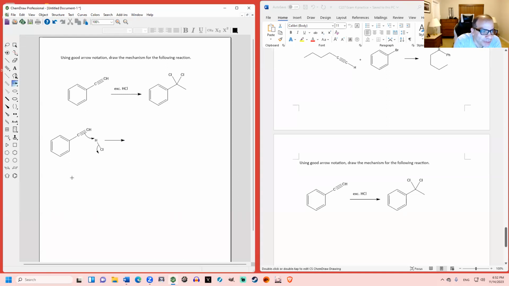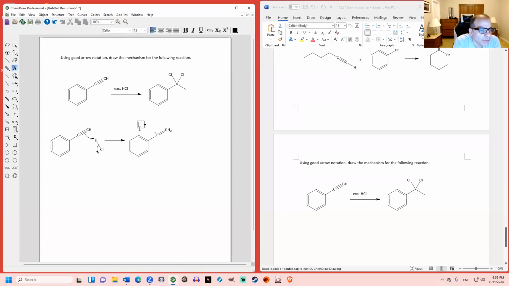Arrows always and only are used to show movement of electron pairs, never atoms, never charges. Always, always, always electron pairs. And we get this vinylic carbocation.